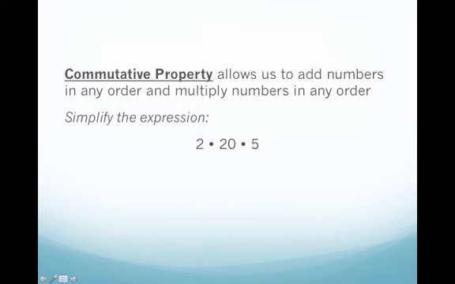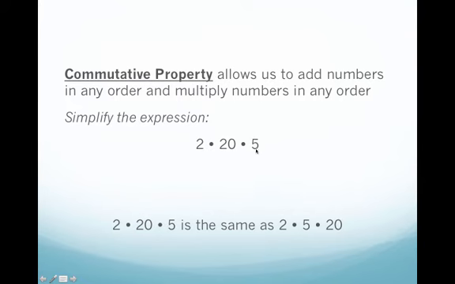Okay, so here we just have constants, so this is pretty obvious. This is mental math we could have done, but let me show you what we're doing here. By taking the expression 2 times 20 times 5, we can also say that that is the same as 2 times 5 times 20.